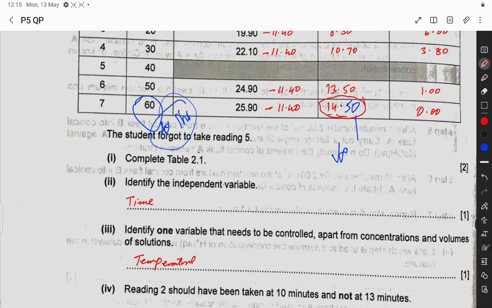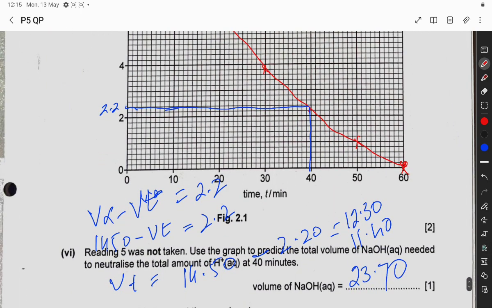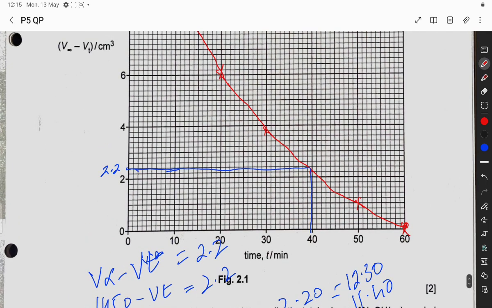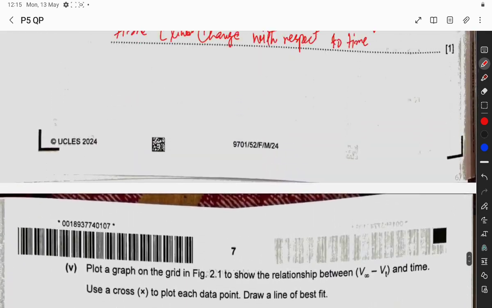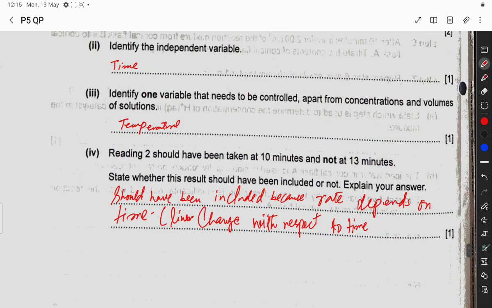Complete table 2.1. Identify the independent variable. Time is the independent variable because on the graph time is taken along the x-axis. The value which is taken on the x-axis is always the independent variable. Temperature is the dependent variable.